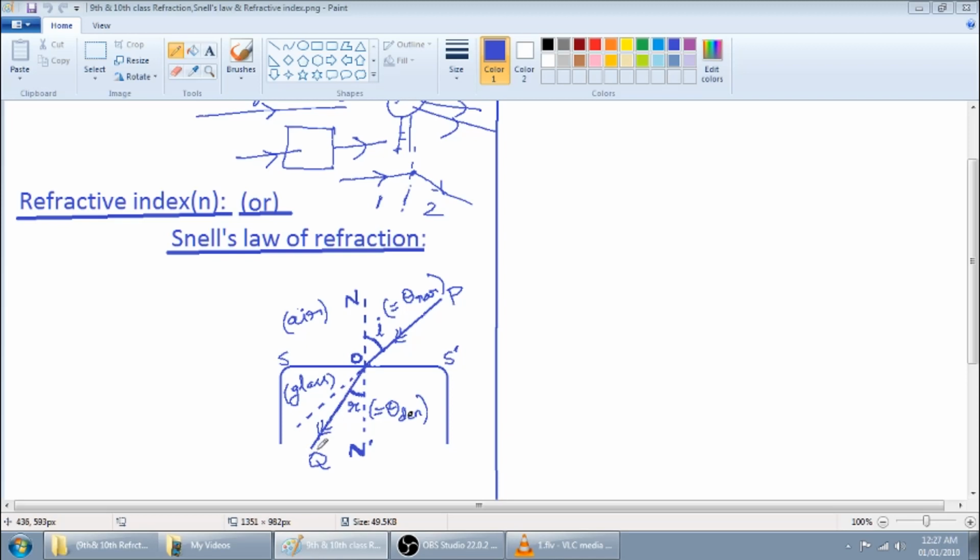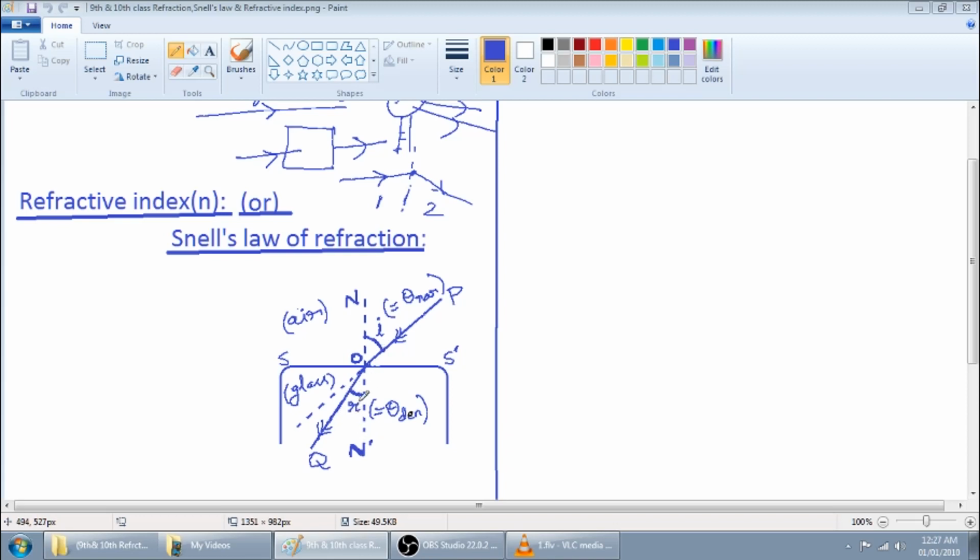Now the angle which the refracted ray makes with the normal inside the denser medium: consider the normal NON dash. Half the normal, ON, is above, in the rarer medium, and the remaining half, ON dash, is in the denser medium. In the denser medium, the angle the light ray makes with the normal is called the angle of refraction. It is known as r.